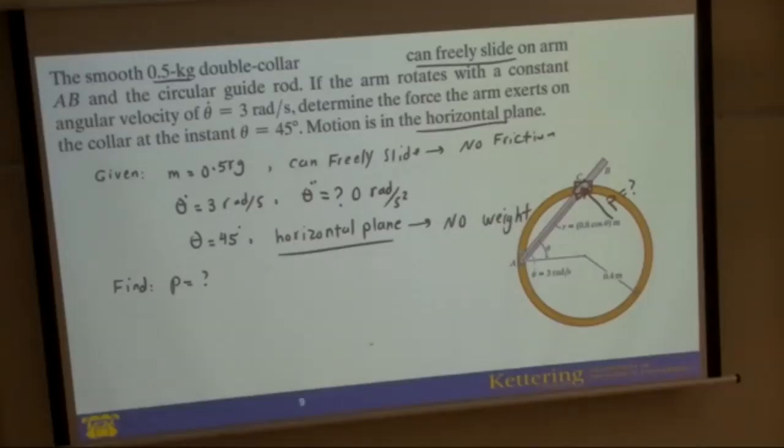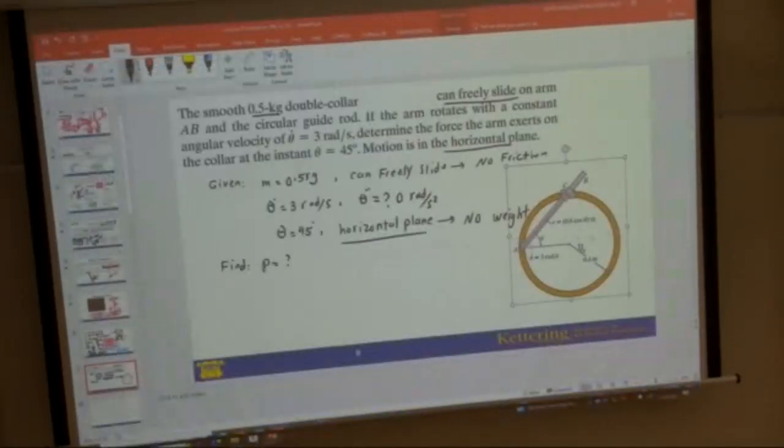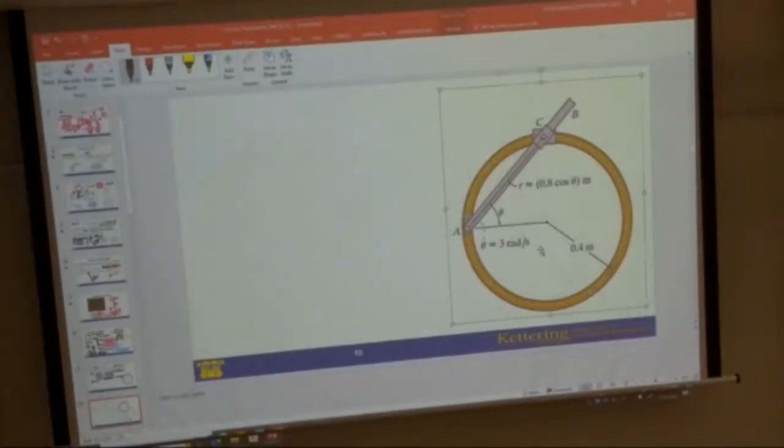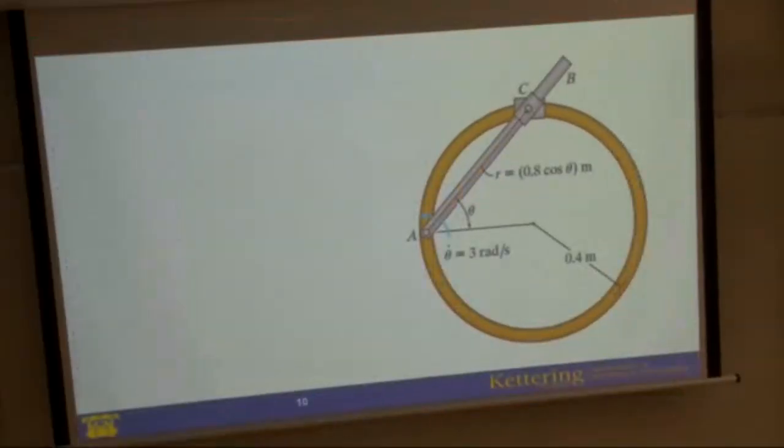Now to find P, I need to draw the free body diagram. Copy this one, bring this one here. How do I draw a free body diagram for this? Make a big one. This one shows the position of this point. If I extend R outward, this will be the radial.